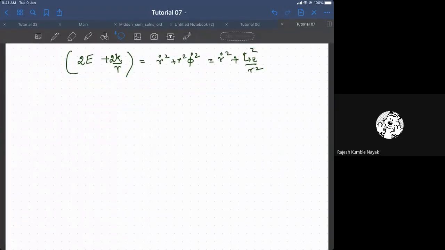Okay, so we get an r dot equation, which is r dot square is equal to 2e plus 2k by r, then you have a minus Lz square by r square. So this is your equation of motion.